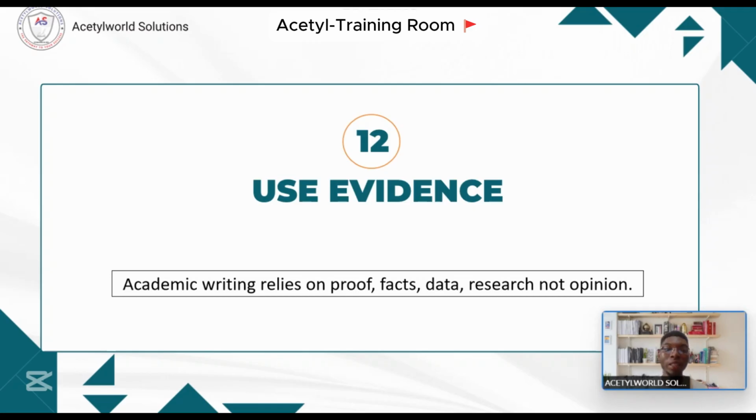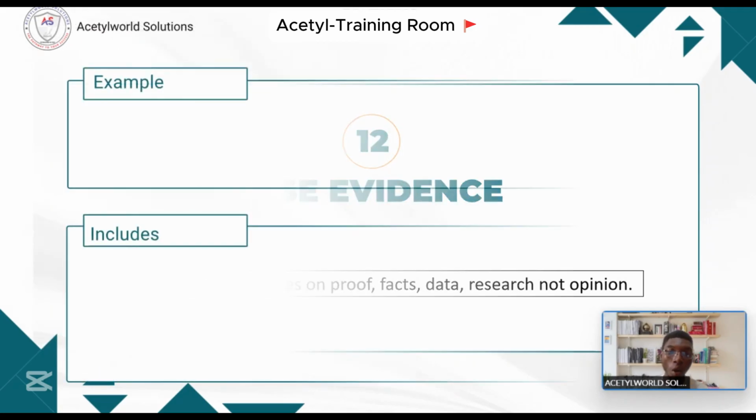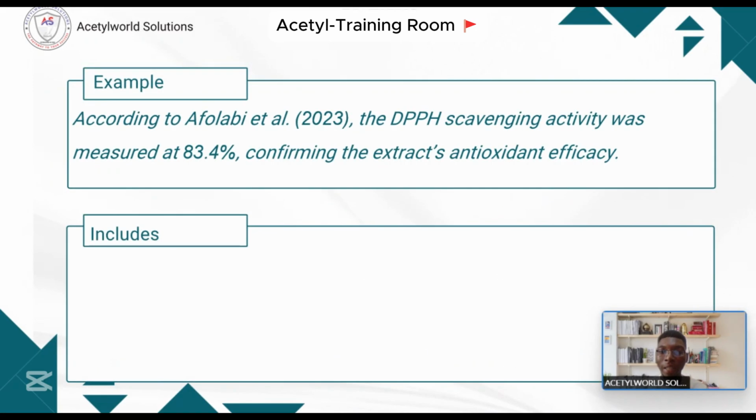You have to give us the facts on your research, and you have to give us data. Now, what are the things that you get? What are the outputs? What is your statistical presentation of your results? For example, according to Afolabi et al. — don't worry, you will understand how this et al. comes to play and how to write something like this when we are talking about referencing.